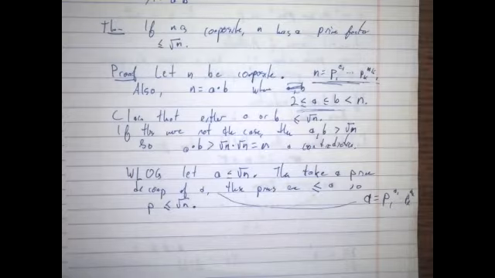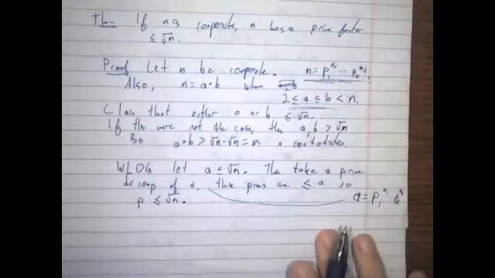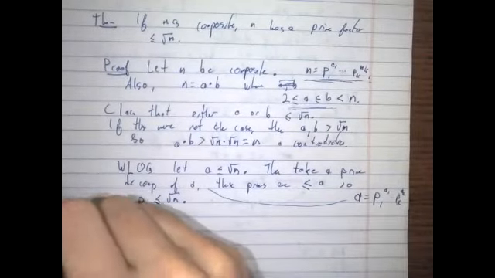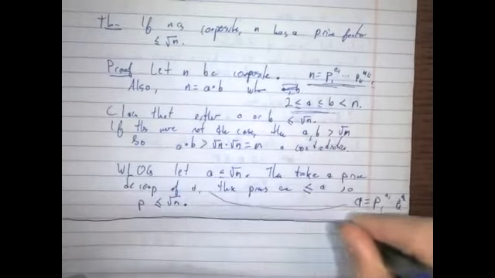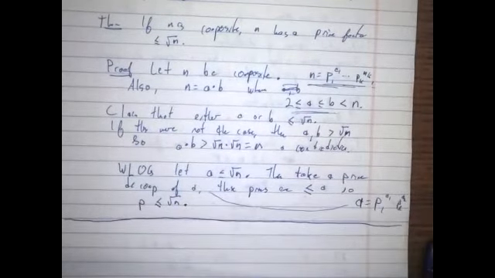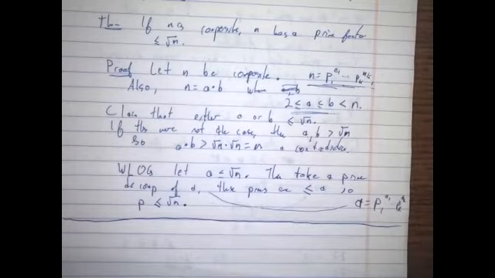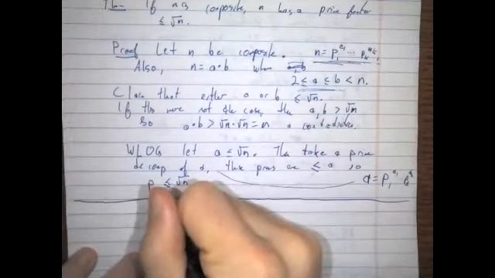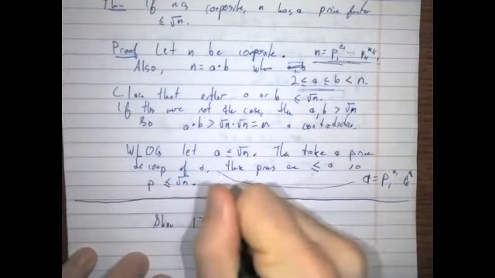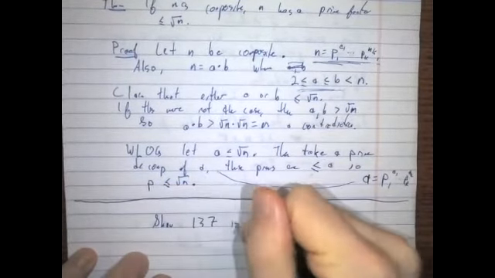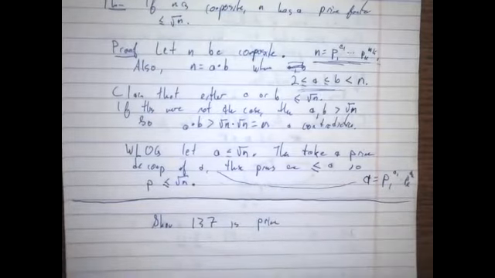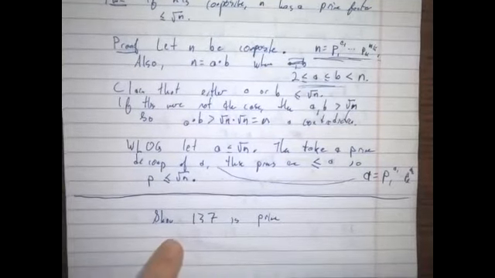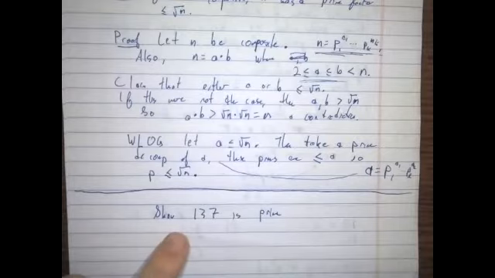So now, with these facts about primes, I guess we should do one or two more examples. Let's show 137 is prime. And all that I need to do to show that 137 is prime is what?